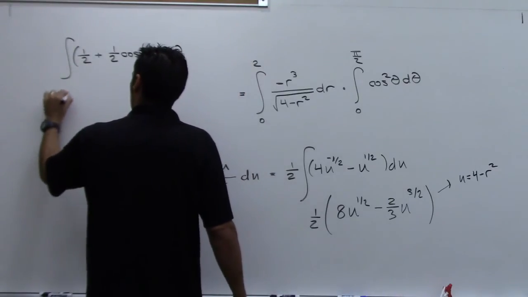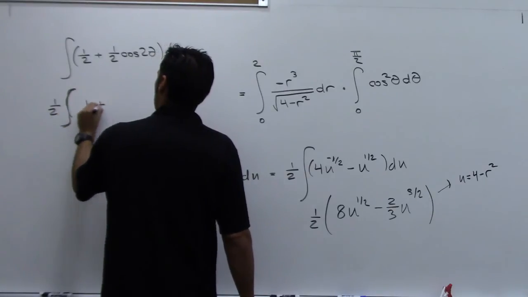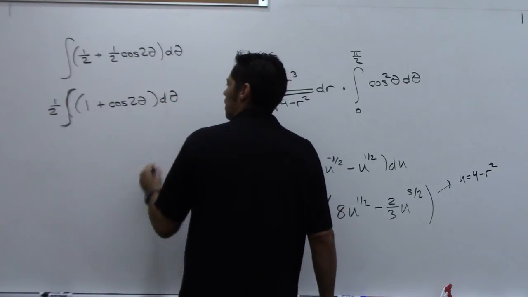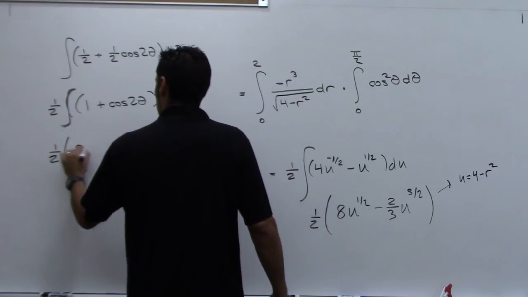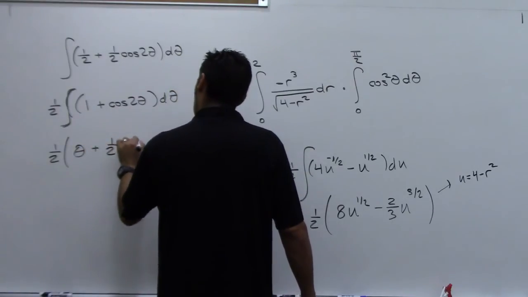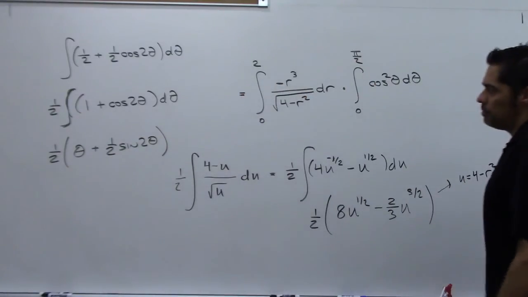And take the 1/2 out. And get 1 plus cosine 2 theta d theta. And then antiderivative of this, 1/2 theta. Antiderivative of that is plus 1/2 sine 2 theta.